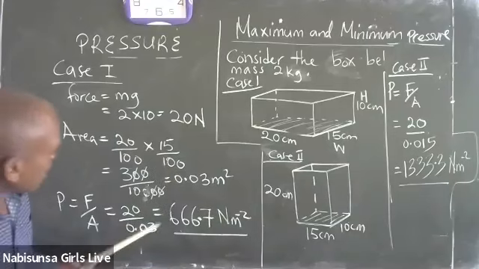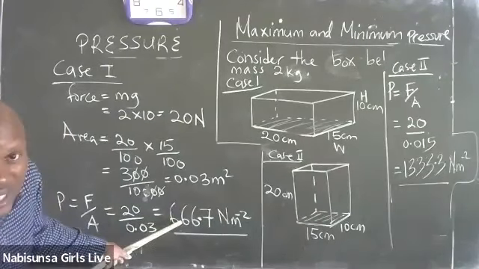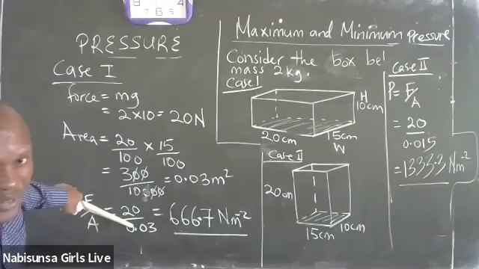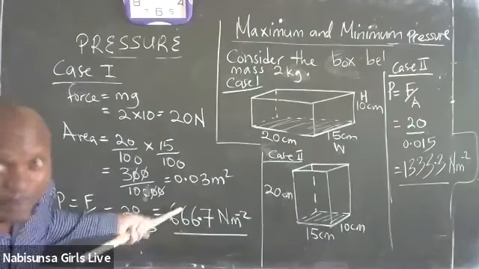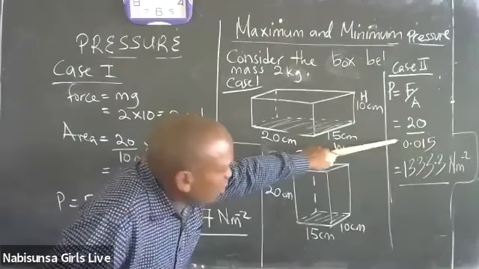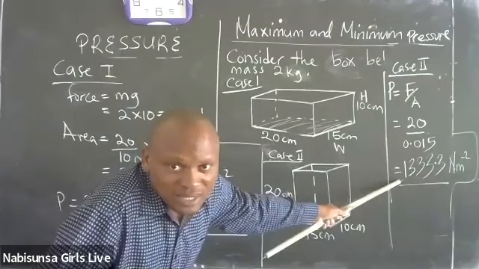You now notice that a big area gives us a small pressure. The conclusion: a big area gives a small pressure, but a small area gives us a big pressure.